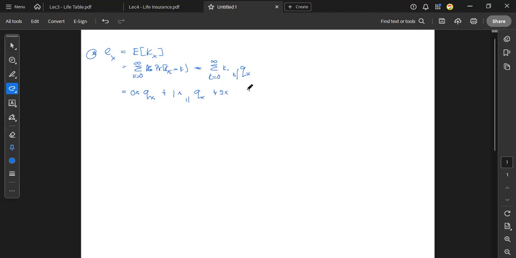If it is 2, the person has already survived 2 years and is surviving for the next year. Likewise, I can expand this for 3 and surviving for the next 1 year. So this goes to infinity and it creates a series, which is like this. This term becomes 0.